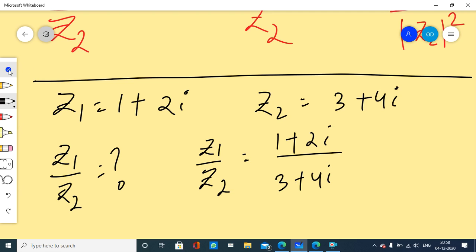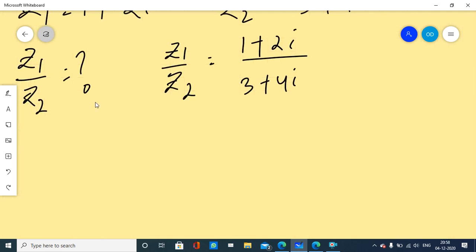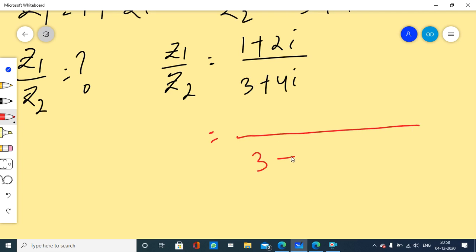While doing that, our first target must be to somehow get rid of the i in the denominator. There should not be any i in the denominator. So to get rid of i from the denominator, I shall multiply the conjugate of the denominator on the top and on the bottom.